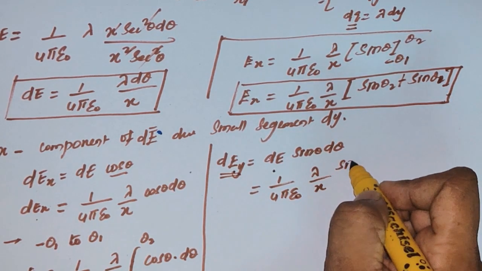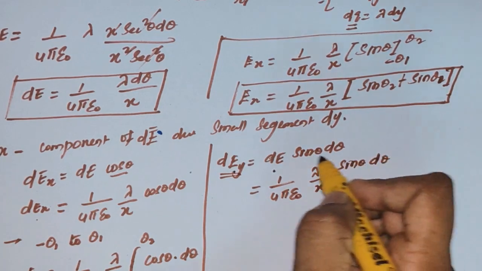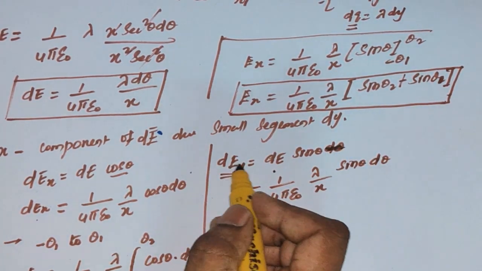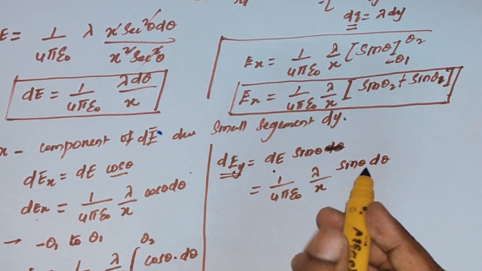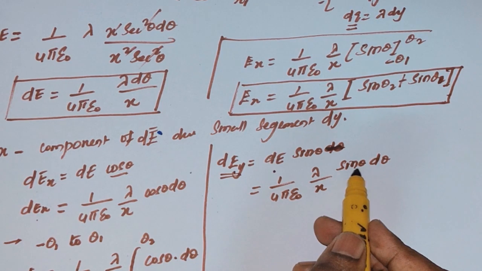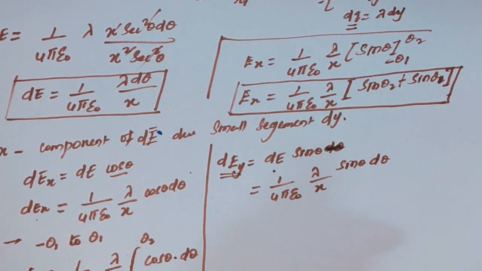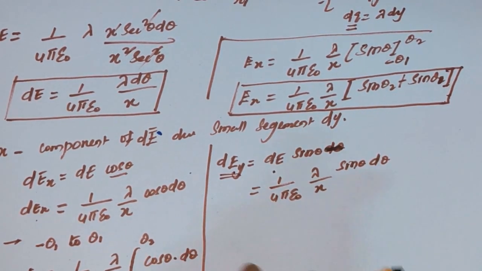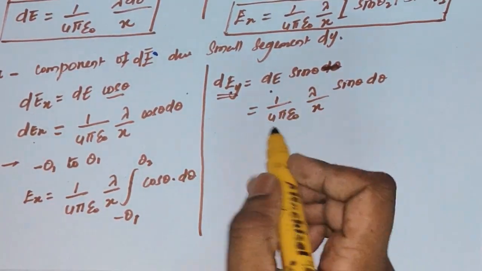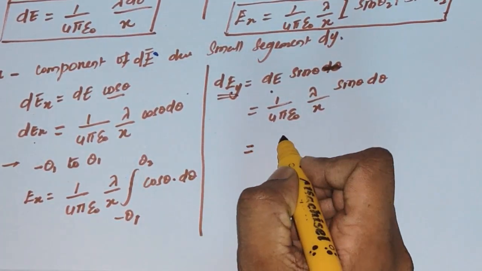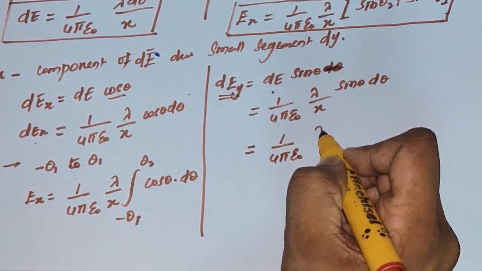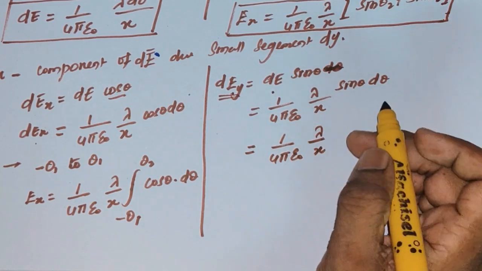So here we have sin theta d theta. So what you have to do, this would be equal to 1 by 4 pi epsilon naught, lambda by x.